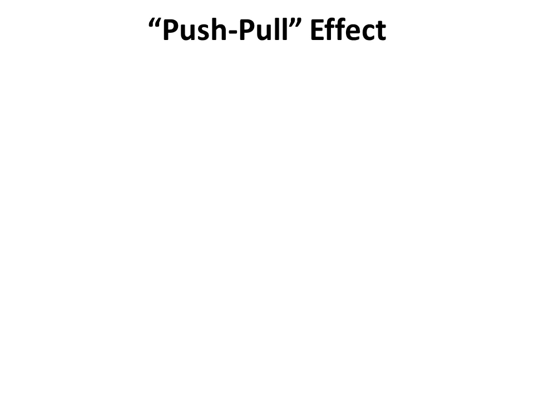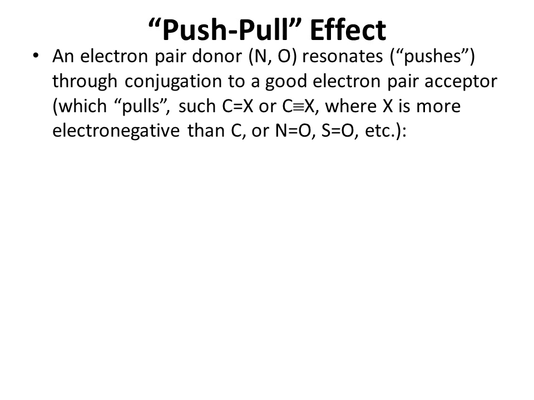The push-pull effect is an extremely effective way to develop color in molecules. An electron pair donor, such as nitrogen or oxygen, resonates or pushes its electrons through conjugation to a good electron pair acceptor, which pulls those electrons in, such as C double bond X or C triple bond X, where X is more electronegative than C. Could also be N double bond O, S double bond O, etc. Something which is going to be able to withdraw electrons, pull electron density toward it.